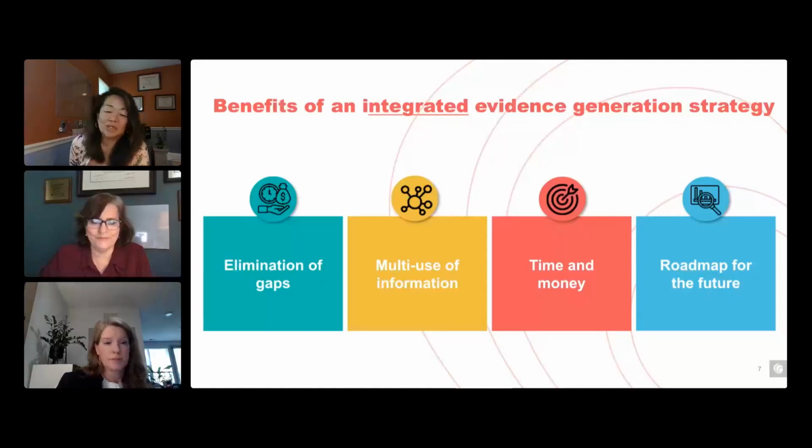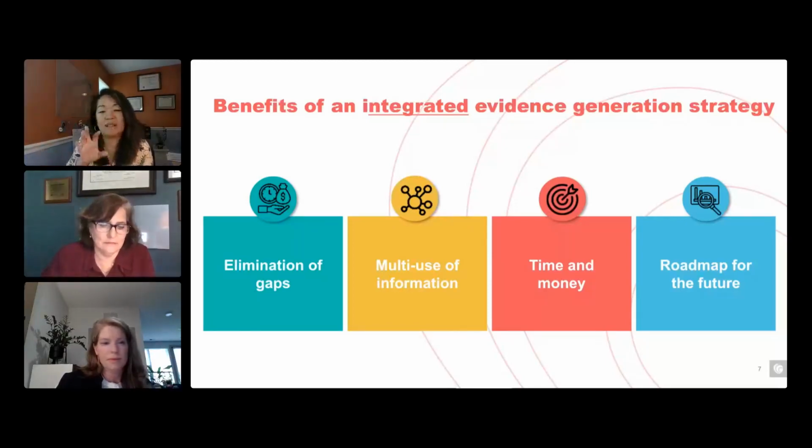100%. For sure. So we talk a lot about an integrated evidence generation strategy. At one of our earlier slides, you saw all the different departments where evidence generation could live, right? HEOR, Clin Dev, folks in market access have evidence generation needs.